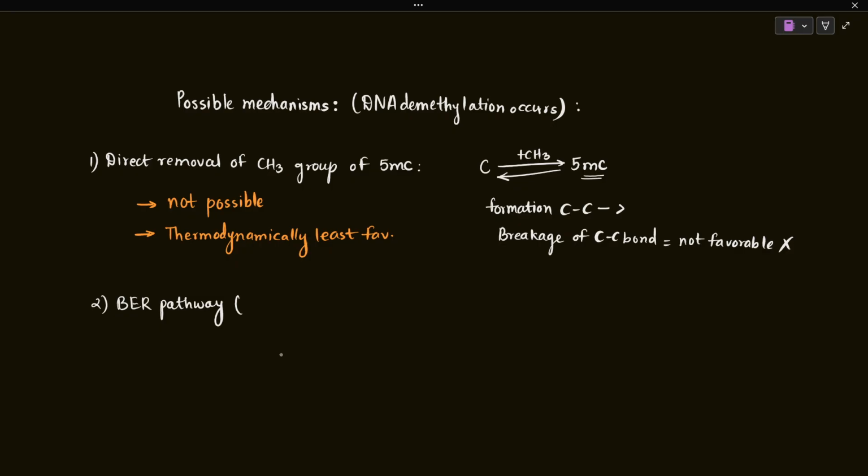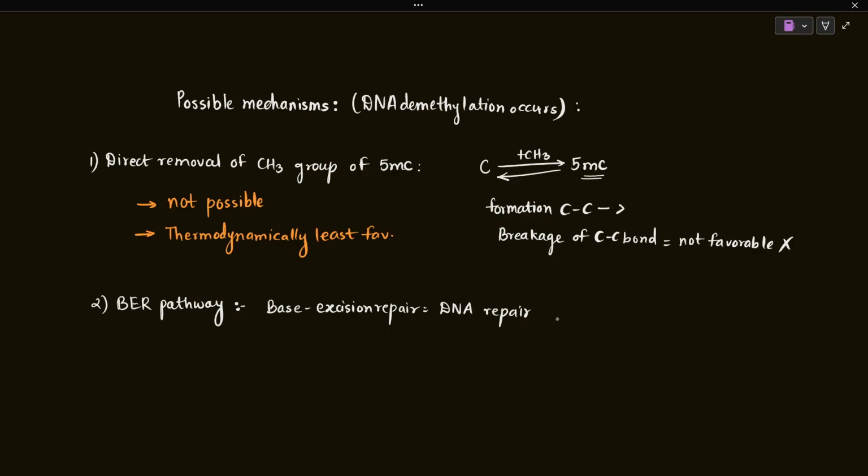Base excision repair means you replace a misplaced base. This is a DNA repair event, and it occurs when there is some disruption in the DNA sequence, when the DNA sequence is not as desired.